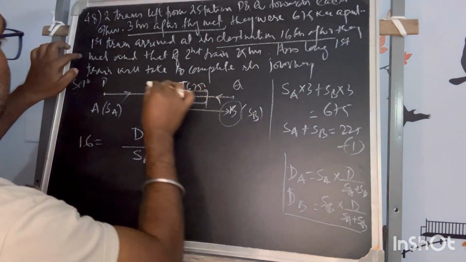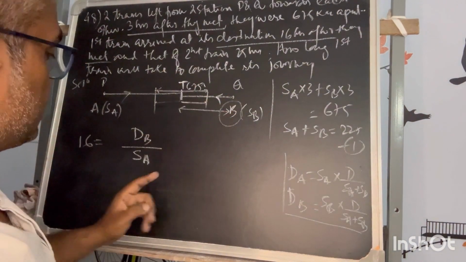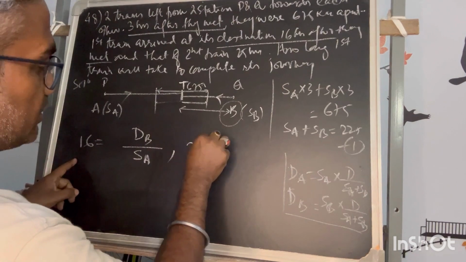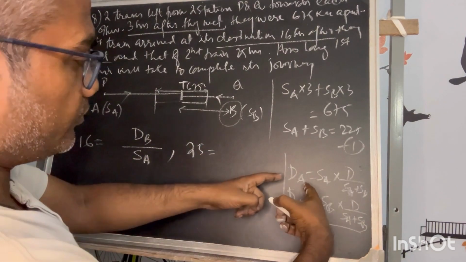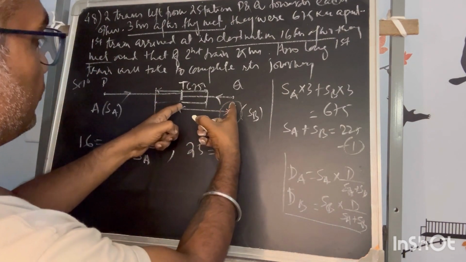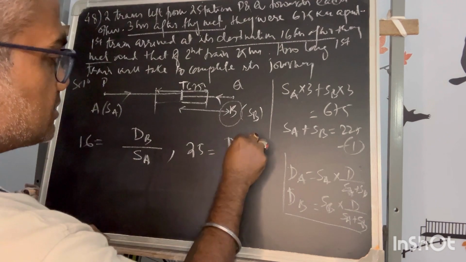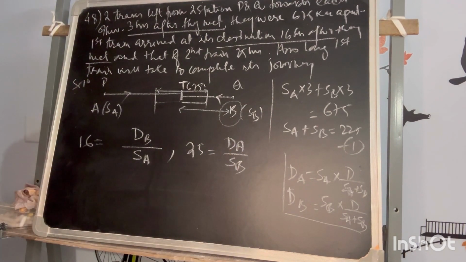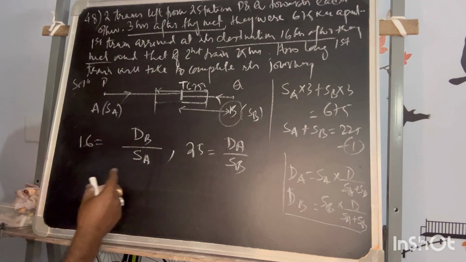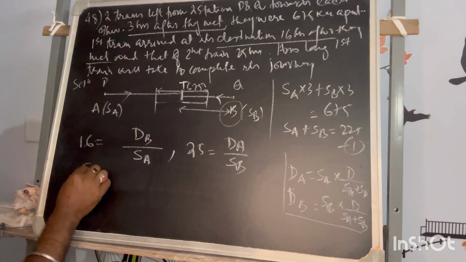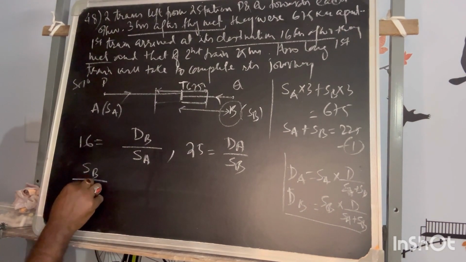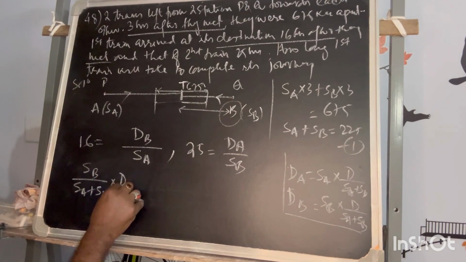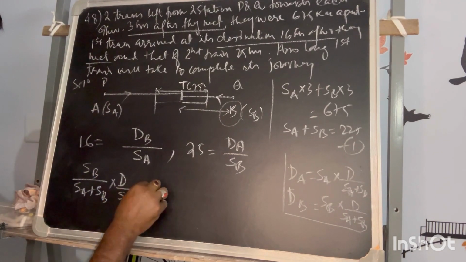So the distance is dB, and the time is dB upon SA. So dB is SB upon SA plus SB into the total distance, divided by SA, and that is equal to 16.